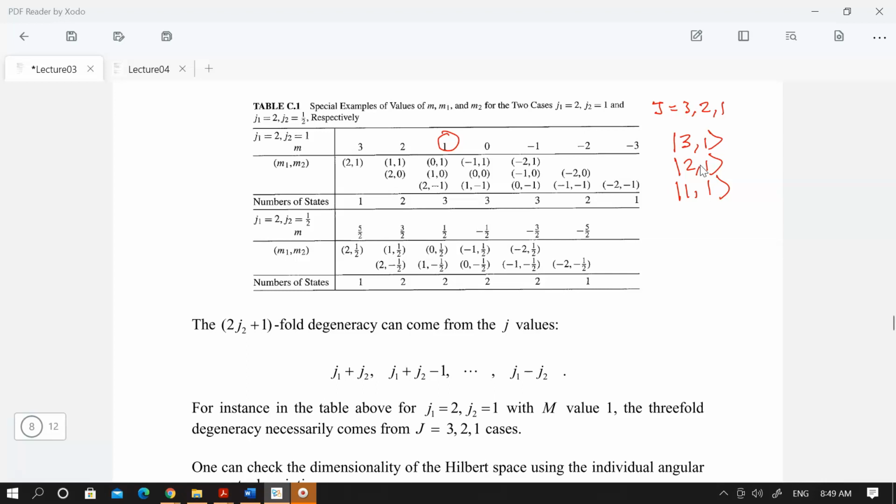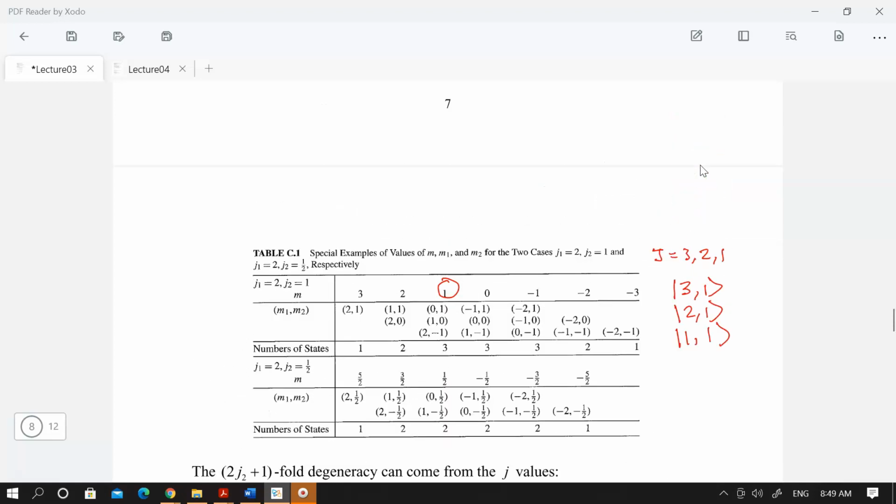Well, that has to come from the operation of the ladder operators. Your 1, 1 will have some combination of this 0, 1 and 1, 0. The rest can have this coming in. So to find out the combination of the individual angular momentum states, you really need to use the property of the step down operator that we had earlier.